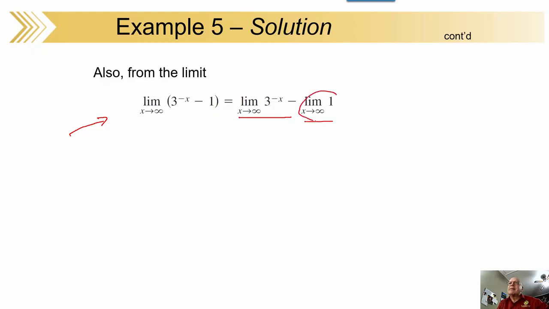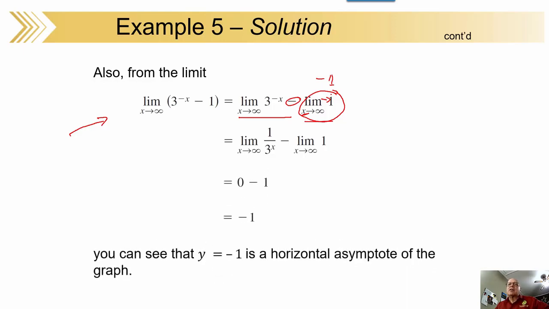Of course, this isn't affected by what x is doing, so this is just a minus 1. The minus because of this, and the 1 because that's a constant. And the 3 to the minus x, rewrite as 1 over 3 to the x, and you got your answer.